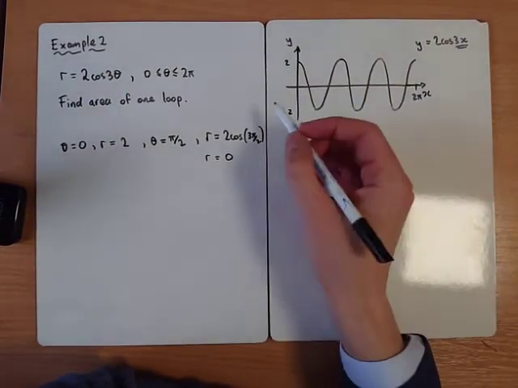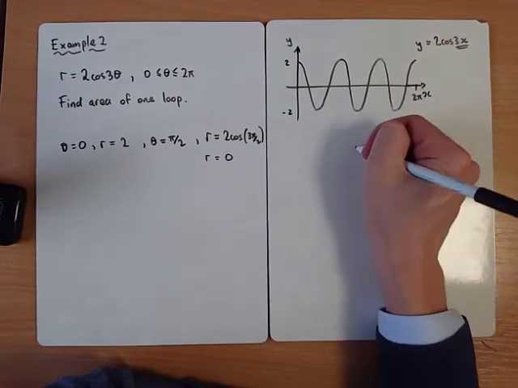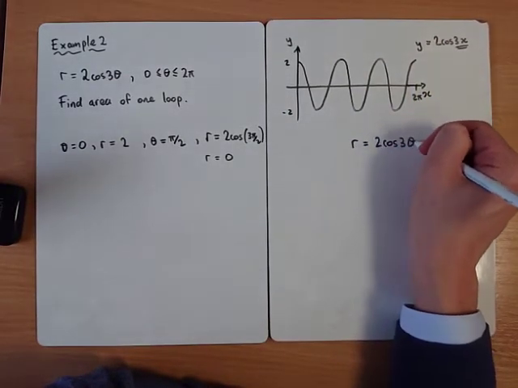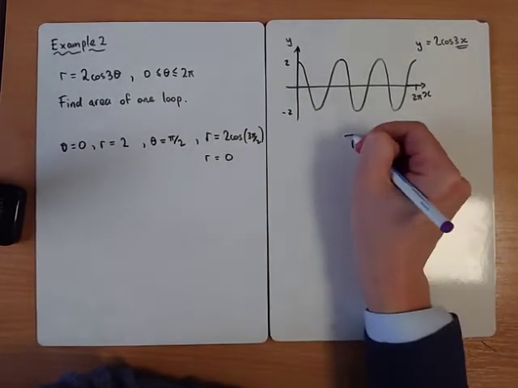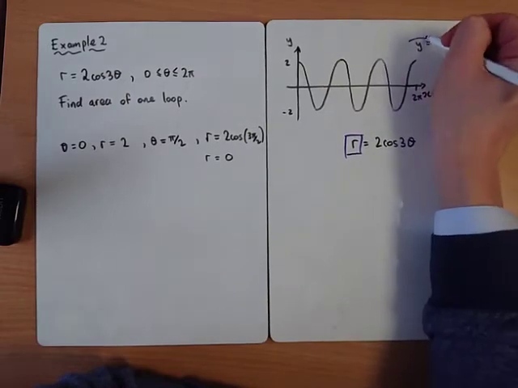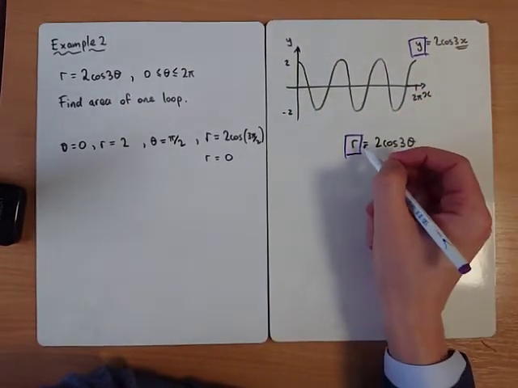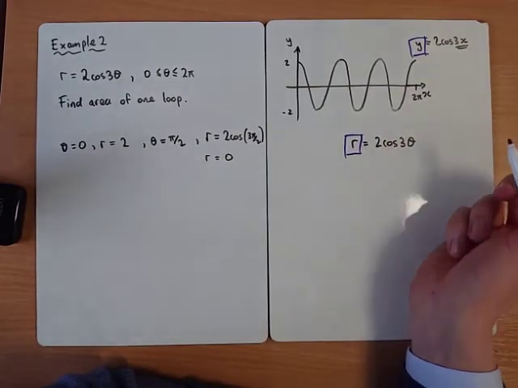So why am I drawing this? Because this is not what our polar curve looks like. We're thinking about r equals 2 cos 3 theta. So these y values that I've drawn here represent the r values, the distances that we're about to draw for the new curve.